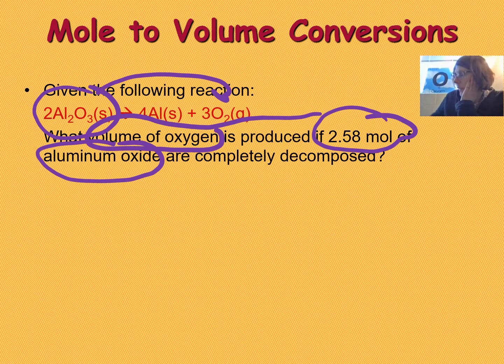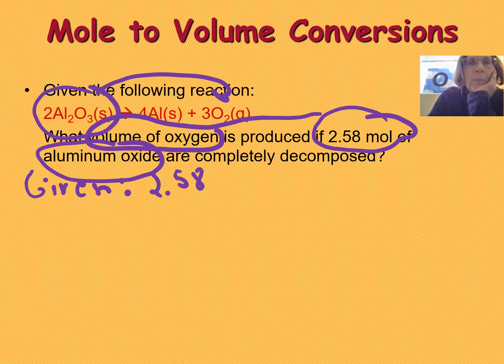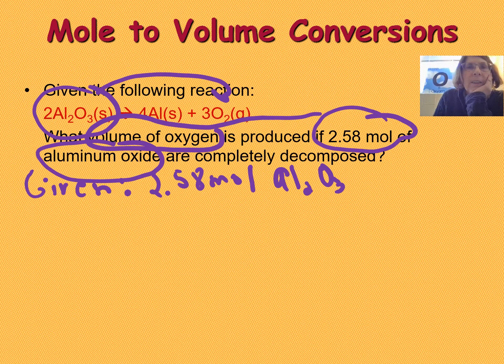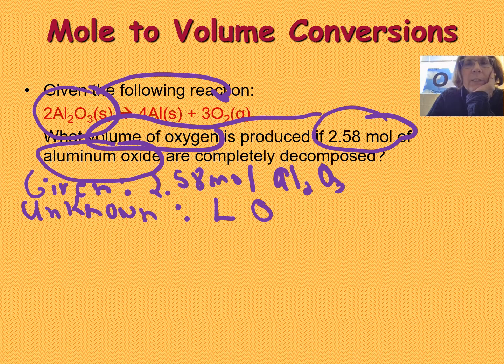So our given is 2.58 moles of aluminum oxide. Our unknown is liters of O2, oxygen.